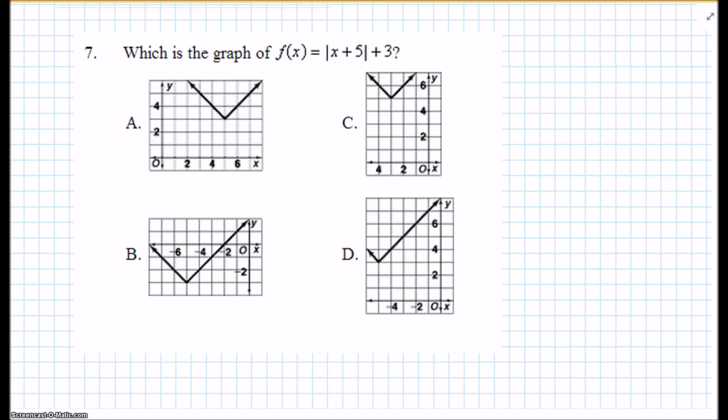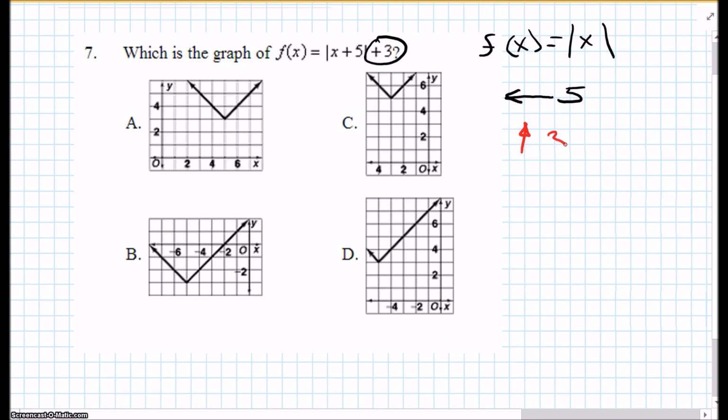Okay, so our parent function is f of x equals the absolute value of x. We have a positive 5 inside the absolute value sign, so we know that's going to translate to the left 5 units. And right here I got a plus 3, so we know that's going to move me up 3 units. So I'm going to have a vertex of (-5, 3) with the graph going up.